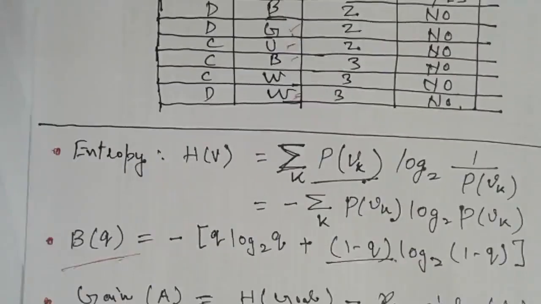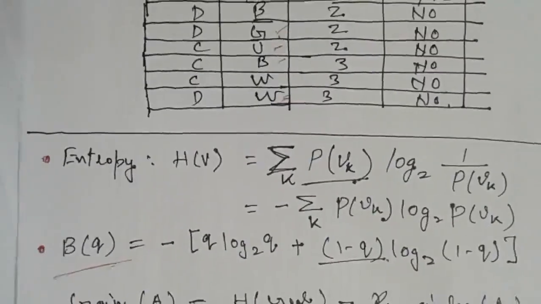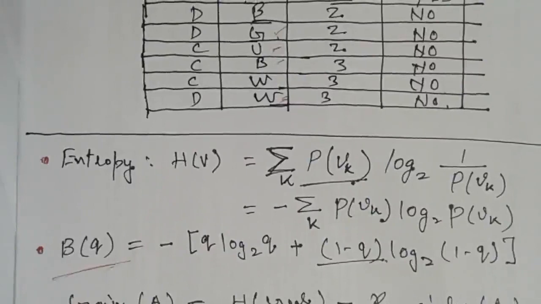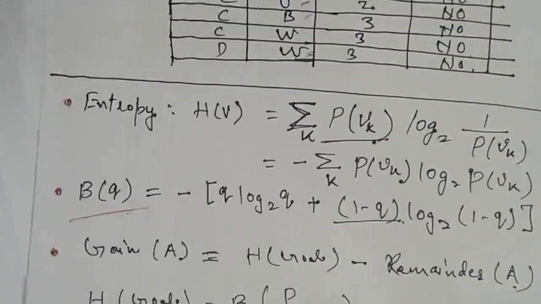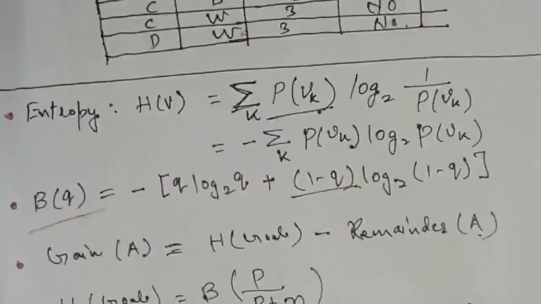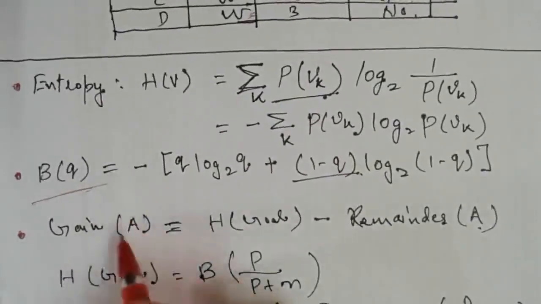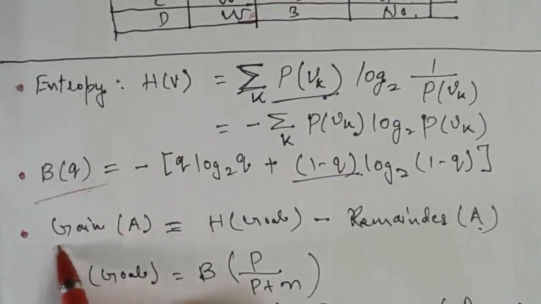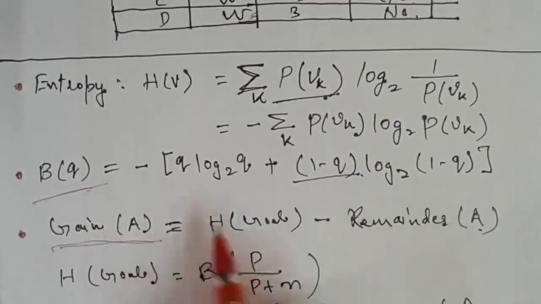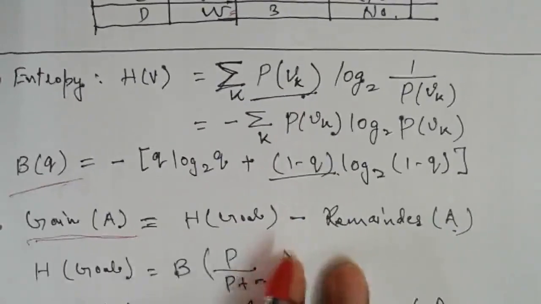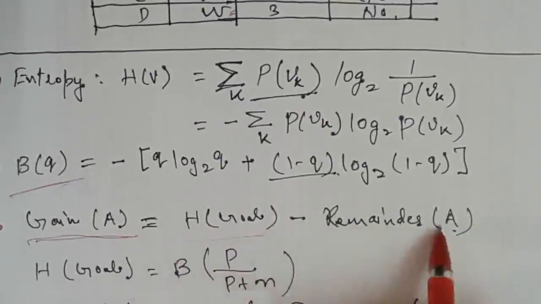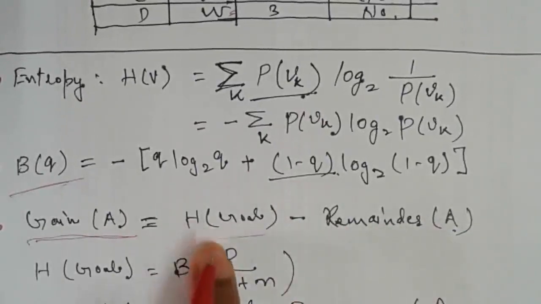To calculate a decision tree, we decide the priority of nodes, the priority of a particular attribute. How important is a particular attribute in making the decision? We calculate it by the information gain of the particular attribute. The gain of attribute A can be written as H goal minus remainder A. So what is H goal?